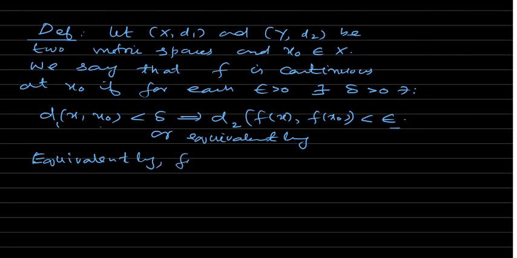So equivalently we can write it as: instead of for each epsilon positive, I can write for each sphere S epsilon of f(x naught), not this, it's S epsilon of f(x naught), it's like this sphere.